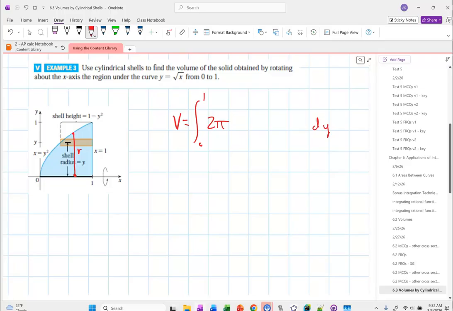2 pi. And then my radius is this y coordinate, right? So I need to take the equation for y equals the square root of x and get it as x equals.